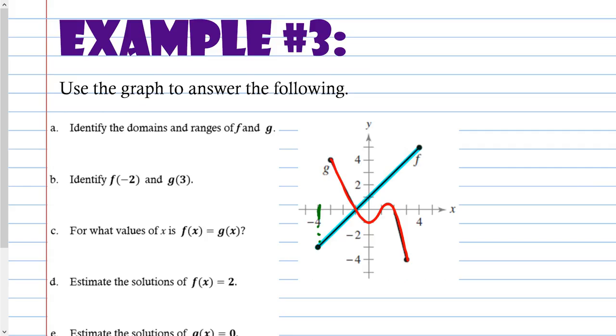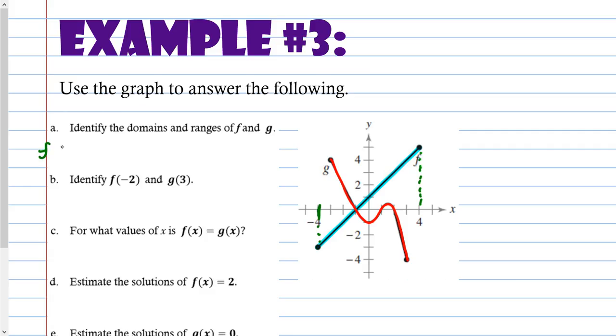From left to right, that is the lowest one, -4. Now, the highest x value, remember left to right, if this is domain, I'm focusing on the axis. From left to right, the biggest x value for this graph is right here. So my domain is from -4 to 4 for f.